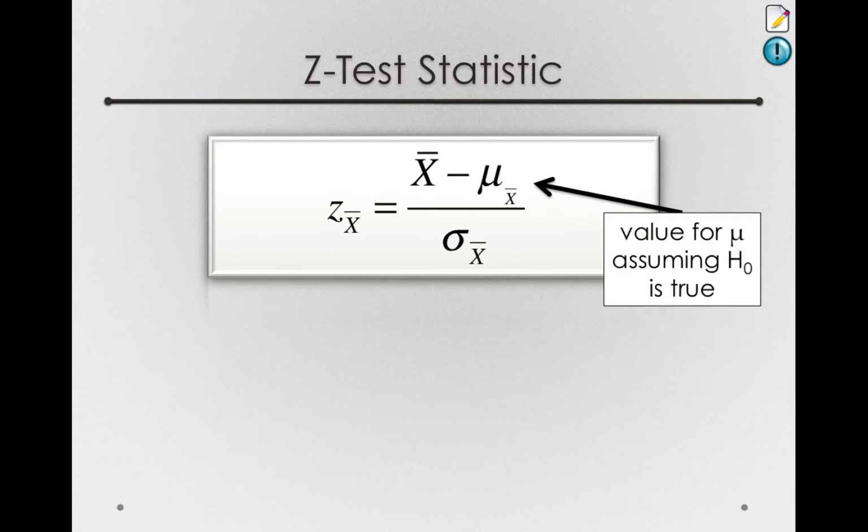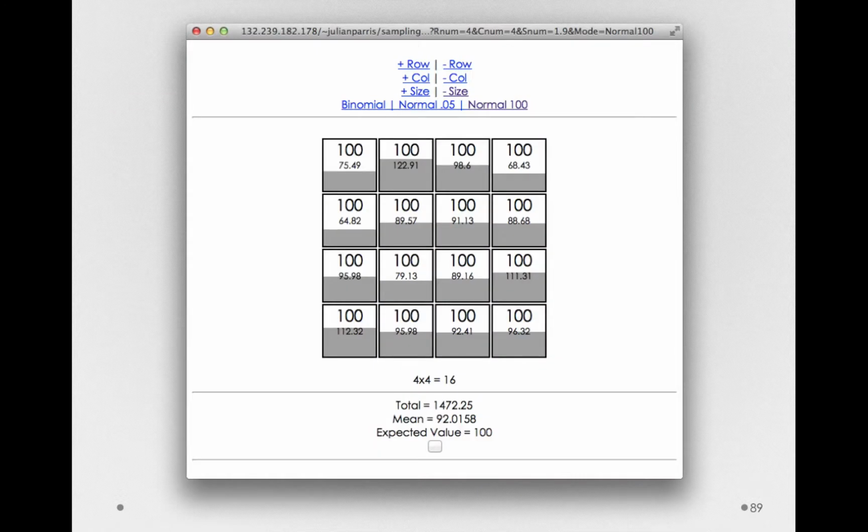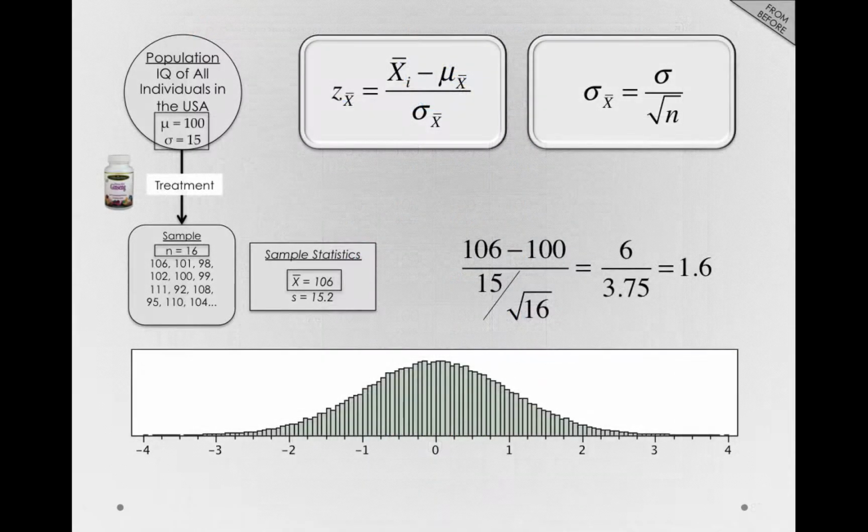So what this test statistic is doing is placing our sample in that distribution of sample means, assuming the null hypothesis is true. And assuming the null hypothesis is true just means we're taking samples at random. And we know a lot about the characteristics of the sampling distribution if we're simply taking random samples. This is what we saw before.